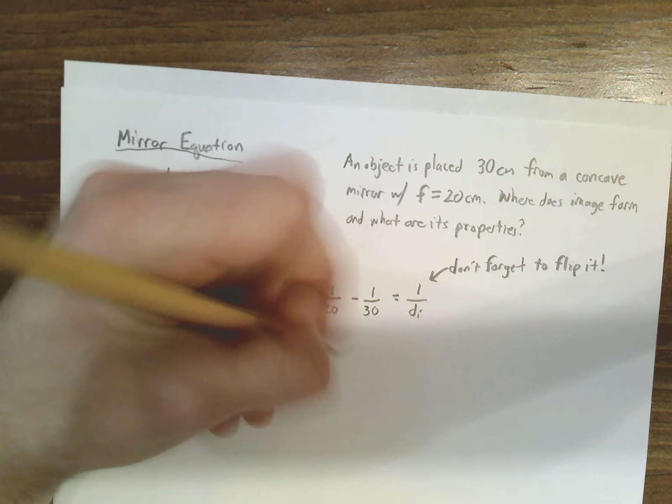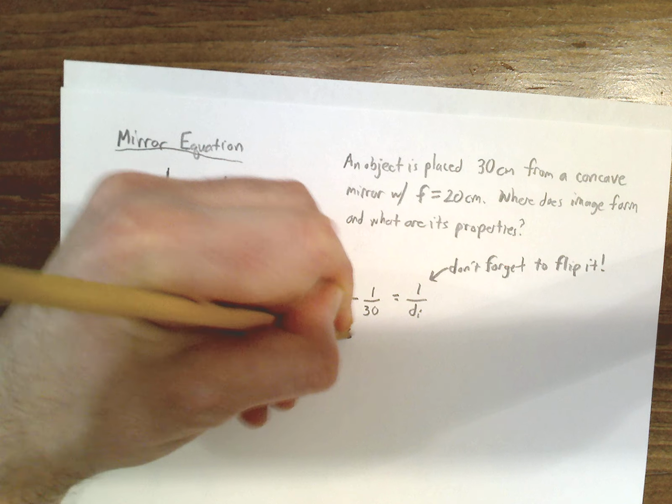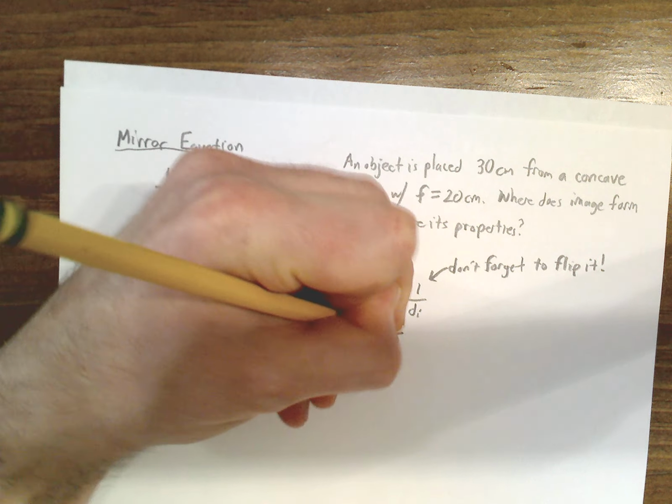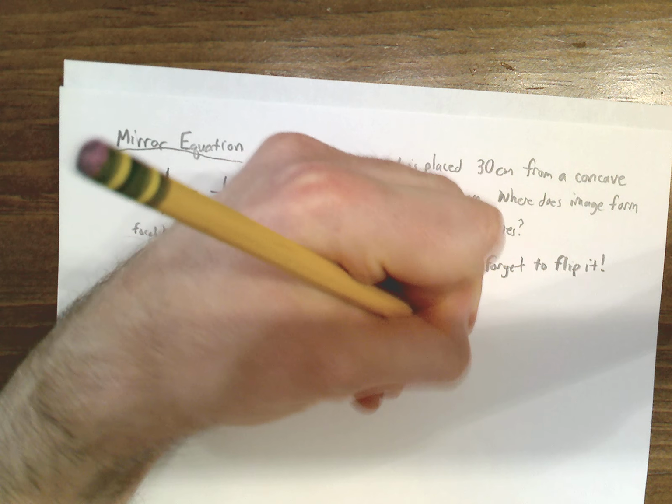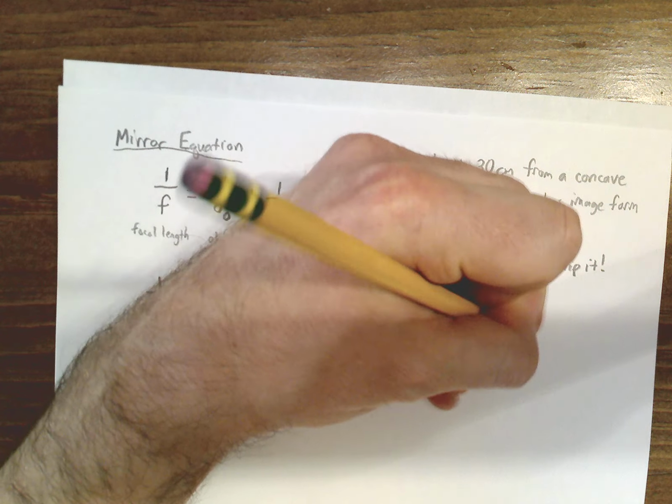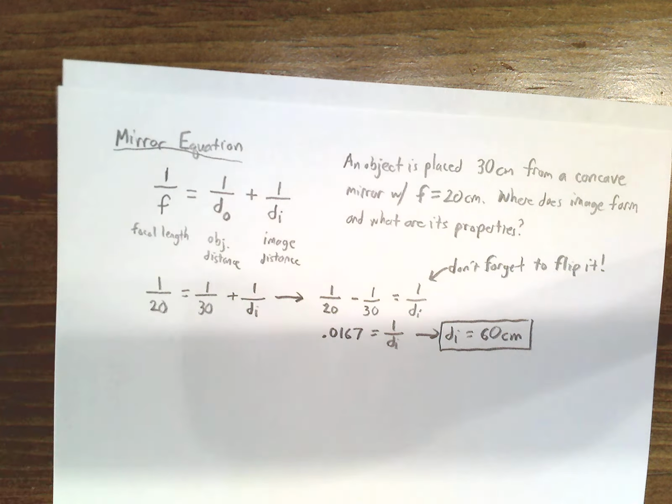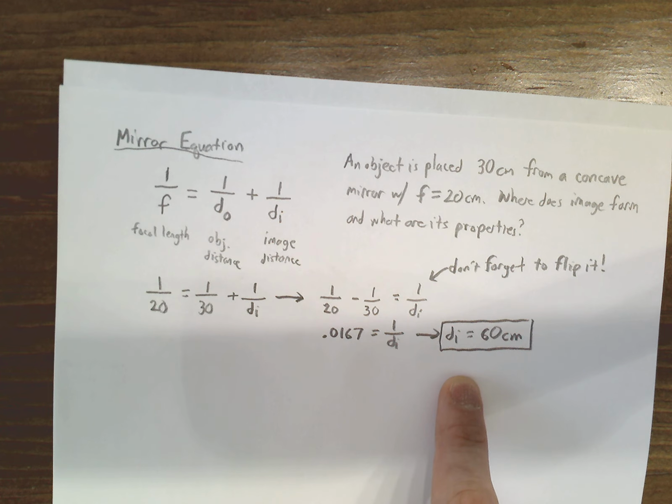So if you work out this side, you should get something like 0.0167 equals 1 over di, which gets us that di is 60 centimeters when you flip it. So our image forms 60 centimeters away from the mirror. The positive value of this number means that it is in fact a real image.